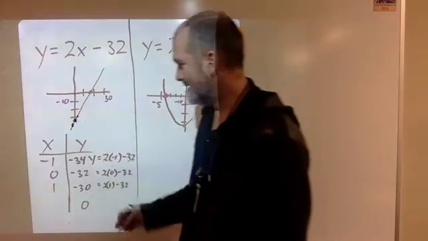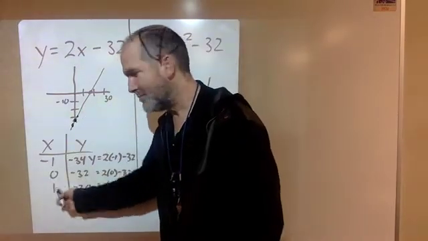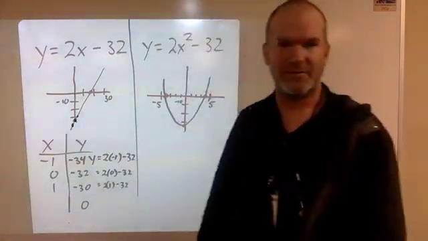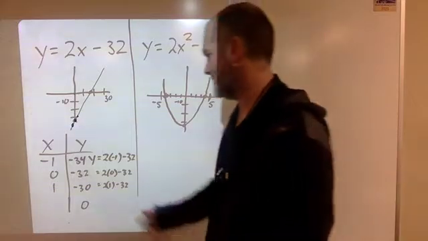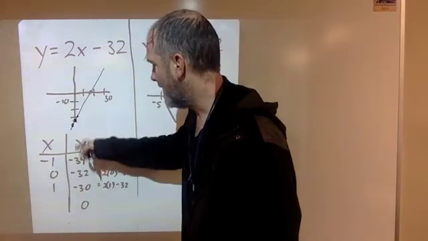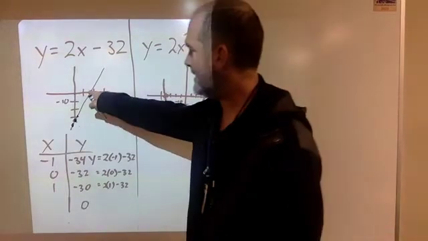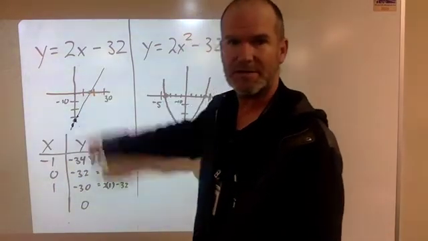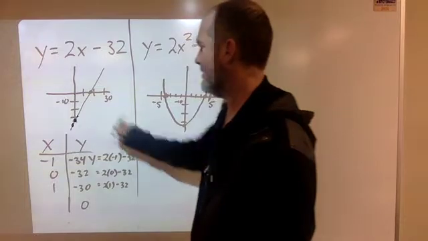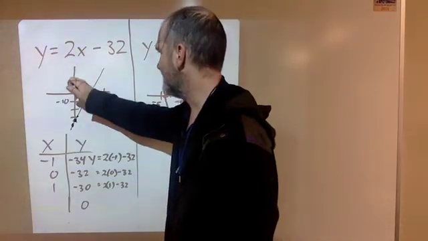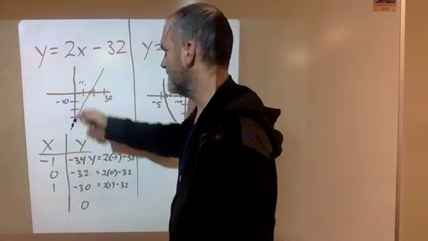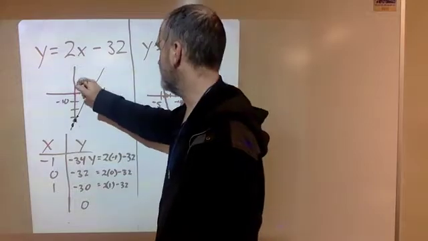Instead of substituting in numbers for x into this equation, we're going to substitute in a 0 for y into this equation. Because that's what an x-intercept's y-coordinate is: 0. No matter where this point is, if it's over 14 spaces, then it's 14, 0.